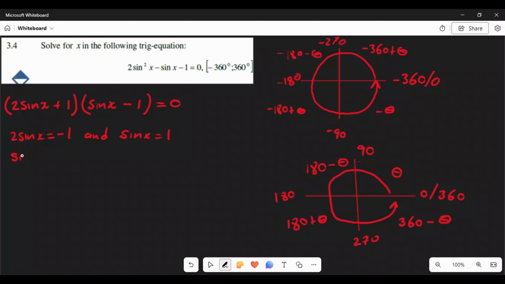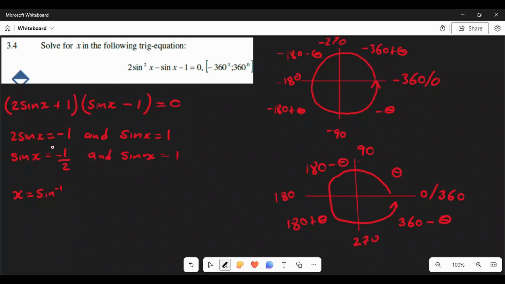When you divide by 2 on this one, we're going to be left with sine x equal to negative 1 over 2. This one here is still fine as it is. So let's just write it. From here, we say arc sine. When you take sine to the other side, it becomes arc sine. So this is going to be arc sine.